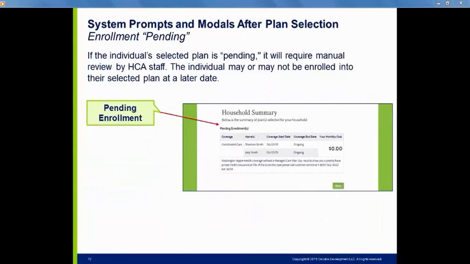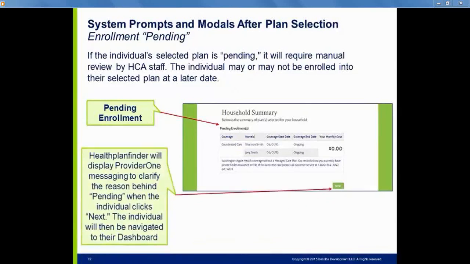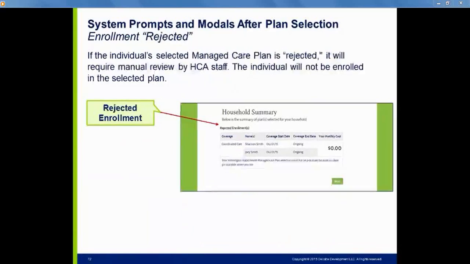If the individual selected managed care plan is pending, it will require manual review by HCA staff. The individual may or may not be enrolled into their selected managed care plan. Healthplanfinder will display the reason behind this pending enrollment and clarify next steps when the individual clicks Next to be taken to their dashboard.